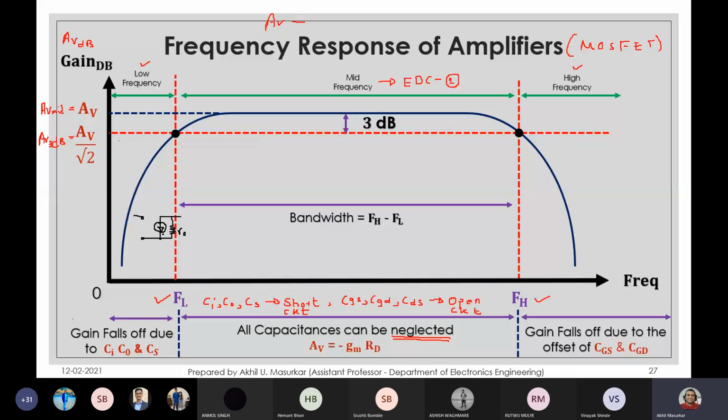This is my gate, then we have drain and source, and we may have capacitances Ci, C0 and Cs. They will be there as far as the analysis is concerned.